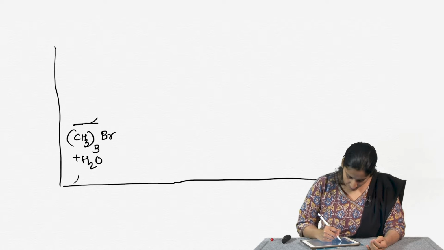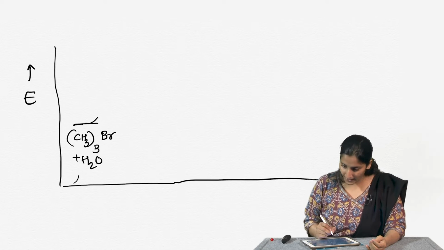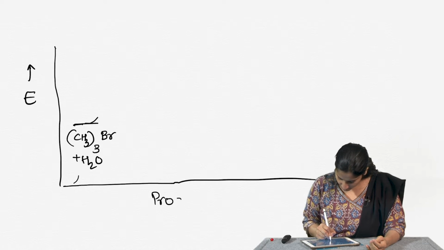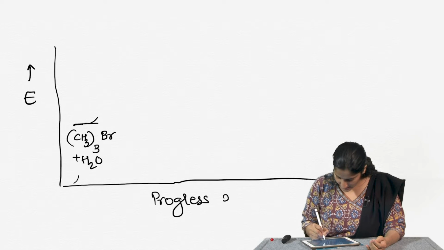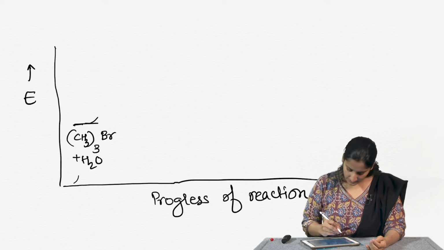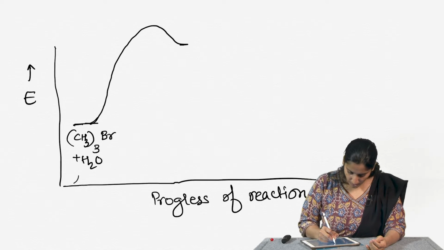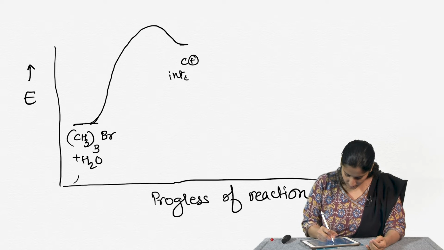So, this is energy if we are plotting on the y axis, and if the progress of reaction is plotted on the x axis, initially the energy needs to go up towards the formation of the carbocation intermediate.